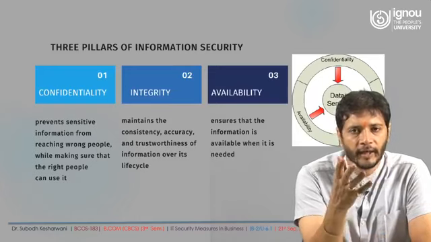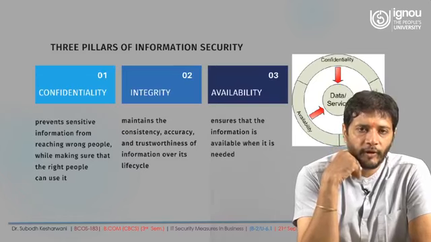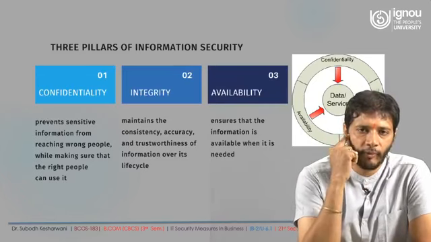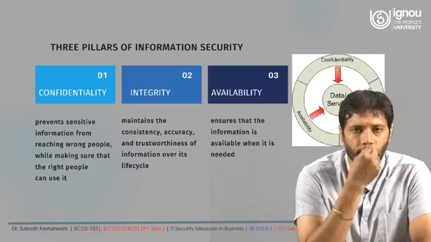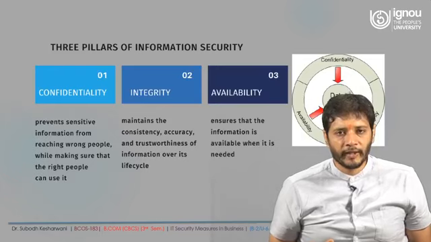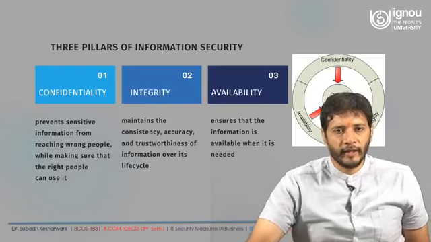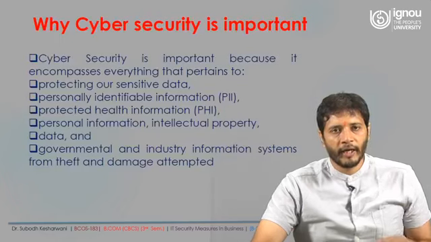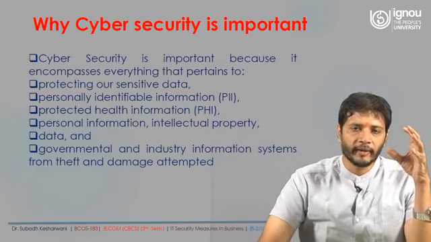And then availability is more important, because if you are not going to make it available, how is the usage going to be enhanced? So ensure that the information is available when it is needed. Based on availability, the information is going to be needed, and this could be the way by which the information is going to be secured. And now the question is, why is cybersecurity important?